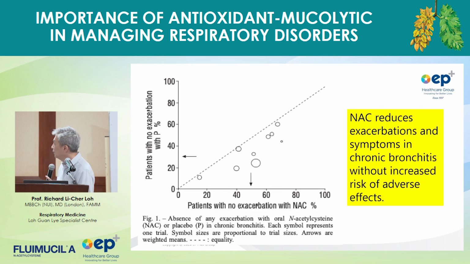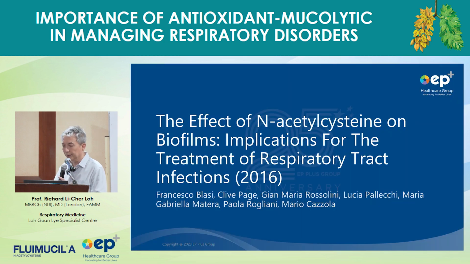Now this is interesting data which shows patients without exacerbation with placebo or patients without exacerbation with NAC. So you can see that there are more studies showing that patients would benefit by having no exacerbation if they are taking NAC. It supports the use of NAC for chronic bronchitis, but it's an old study, without any serious side effects.